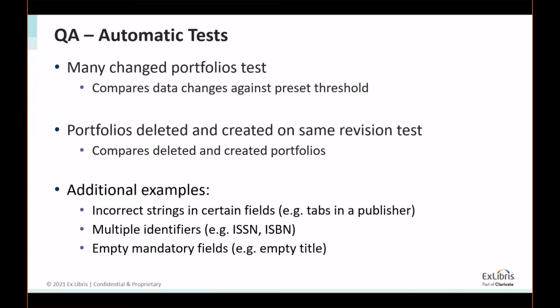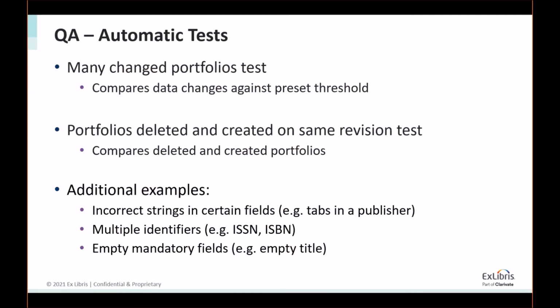This is a test that basically checks all the changes, or the volume of the changes in the ingest, compares to the total count of the titles, and if it goes over a specific threshold that we initially set, the changes and the data loaded are put on hold and wait for manual check and perhaps fix or just approval.